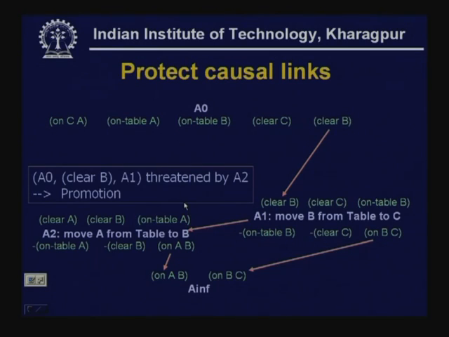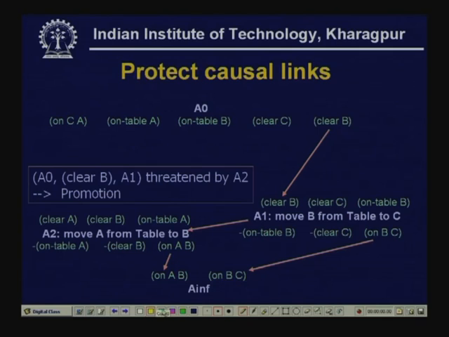Now, we notice that A0 achieves clear B for A1, but A2 removes clear B. So, clear B is required by A1 and this clear B is achieved by A0.